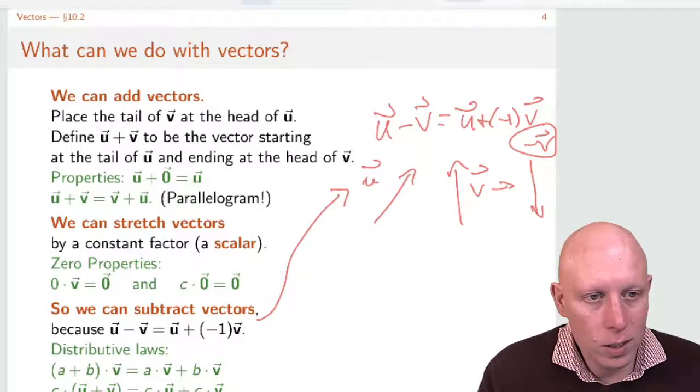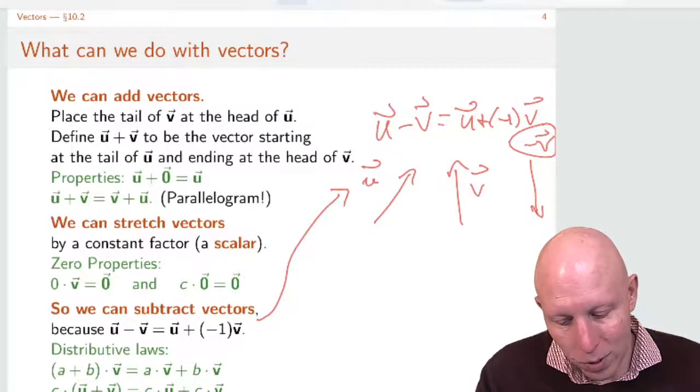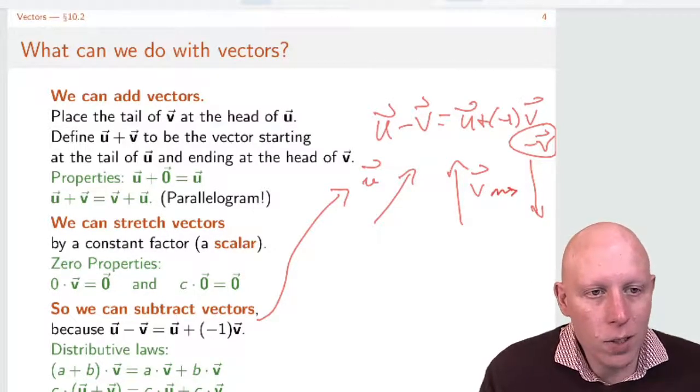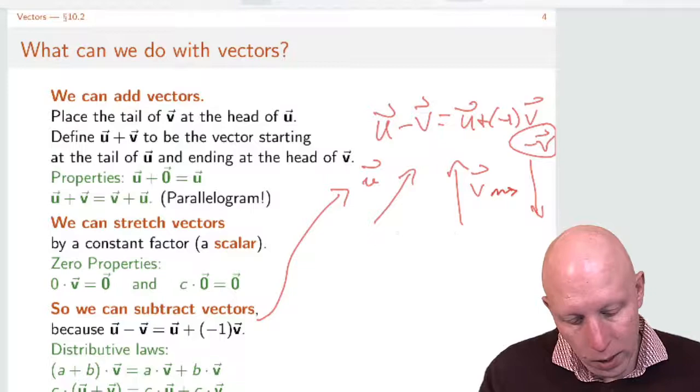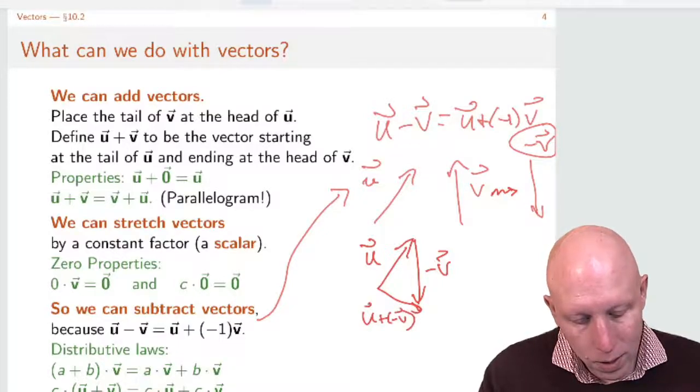I should probably not put an arrow, since we're dealing with vectors. So if this is v, then this is negative v. And so then u minus v, this is u plus negative v, which is equal to u minus v.